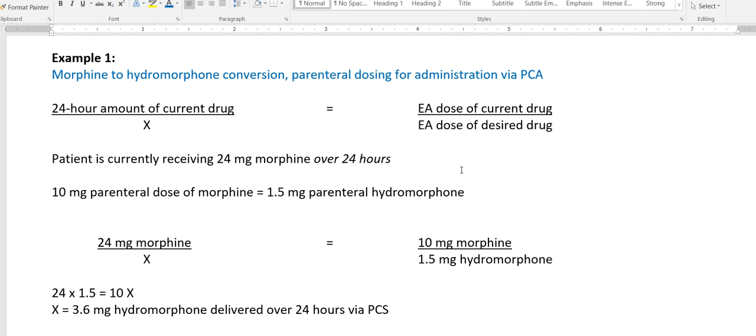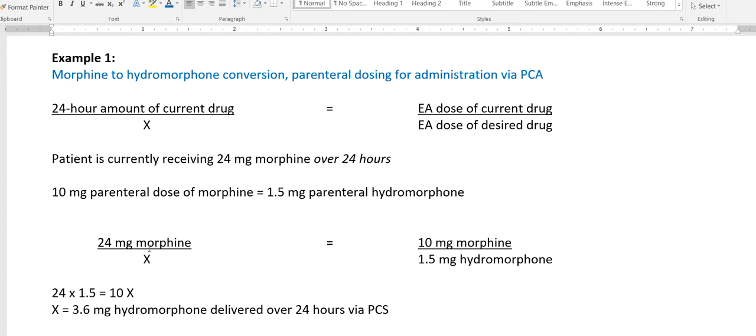So I'm going to go ahead and set up my equation. 24 milligrams of morphine is my 24-hour amount of the current drug. That is, I need to calculate what is proportionate. And we know that the equianalgesia proportion is 10 milligrams of morphine equivalent to 1.5 milligrams of hydromorphone. I'm going to cross multiply and divide.